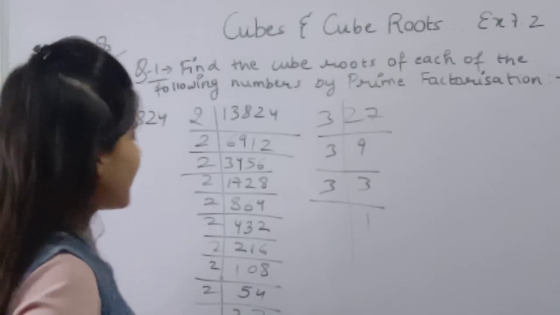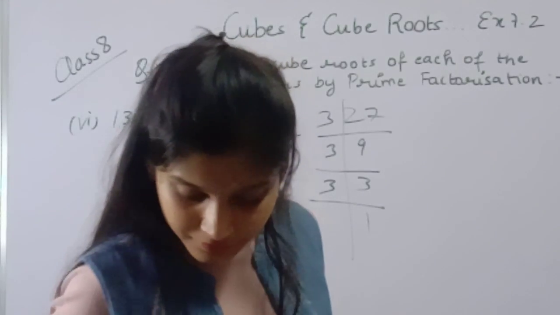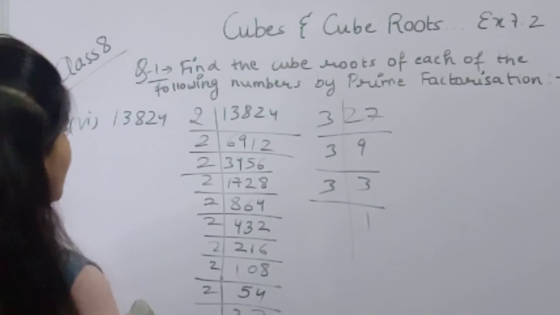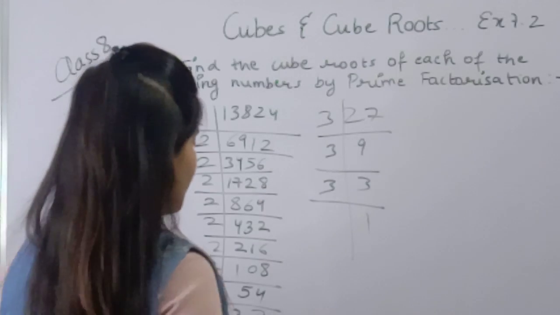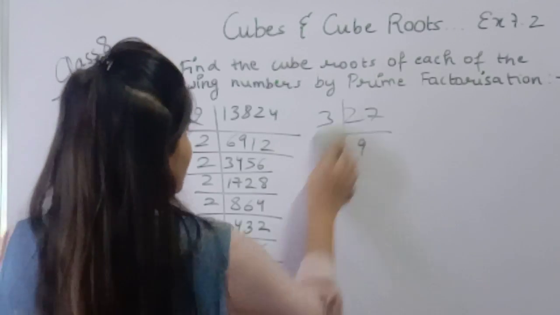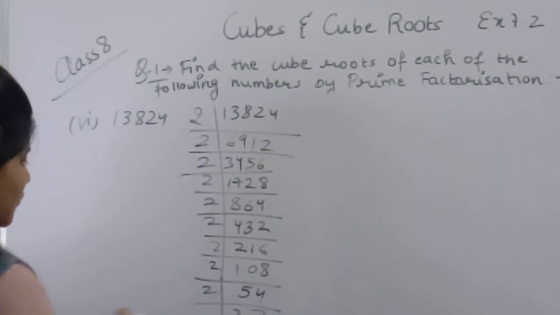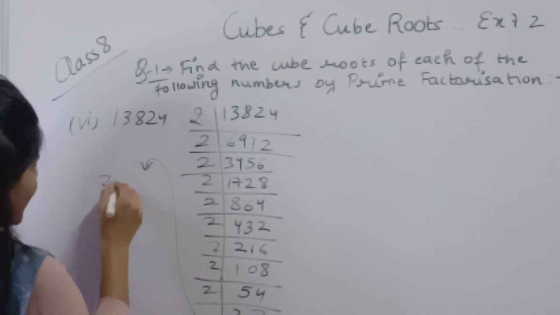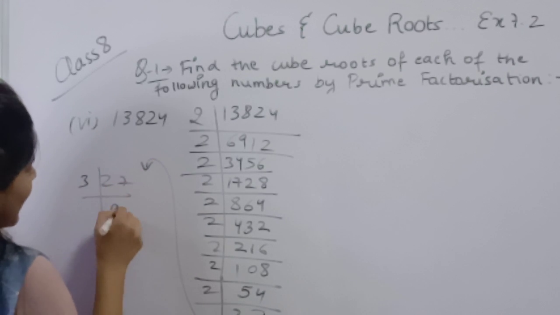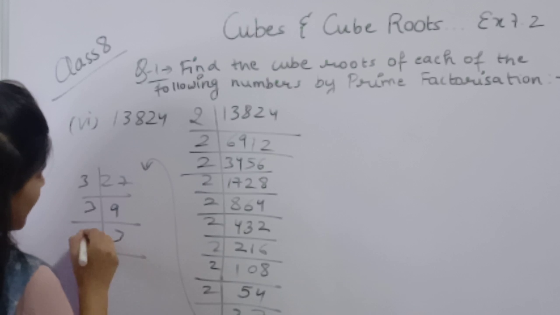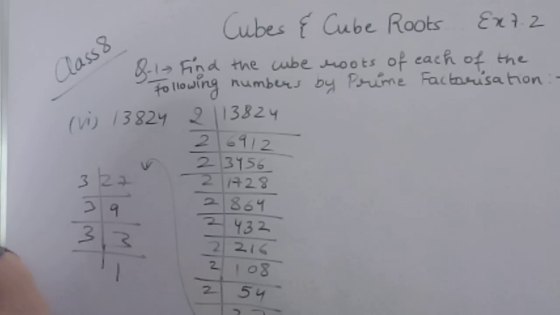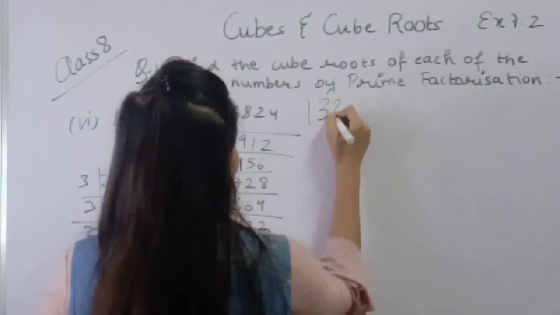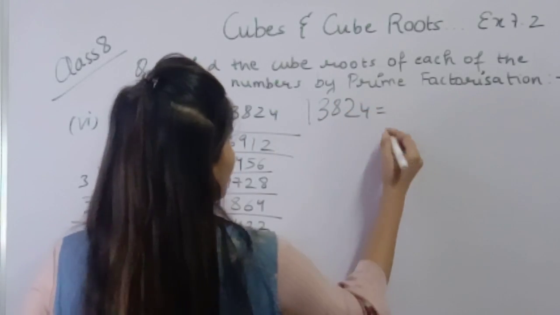Okay, so we got the factors of 13824 as, I am doing this here, 27, 9, 3 and 1. Okay, and here we are writing the factors of 13824.